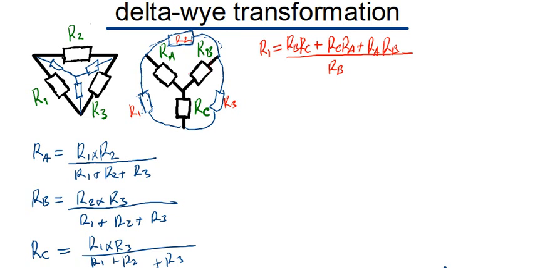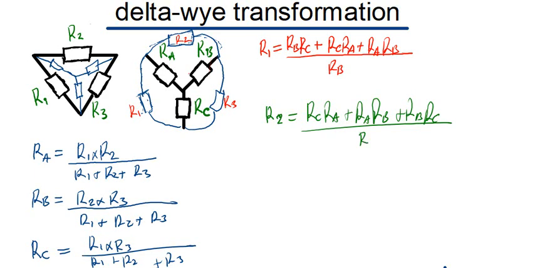Okay, so you do the same thing to the other ones. R2 is going to be equal to, what is opposite R2 is RC, so RC multiplied by RA, plus RA multiplied by RB, plus RB multiplied by RC, divided by RC itself, because that's the one opposite R2.